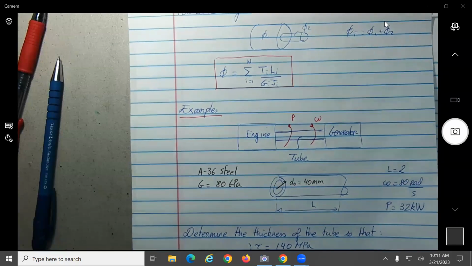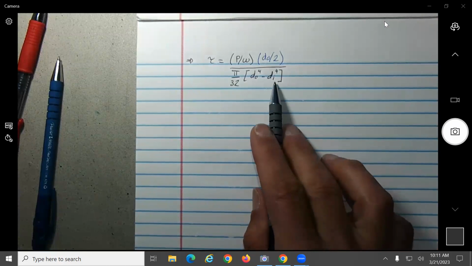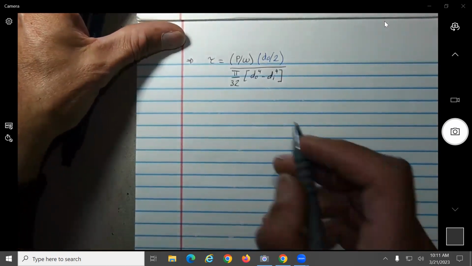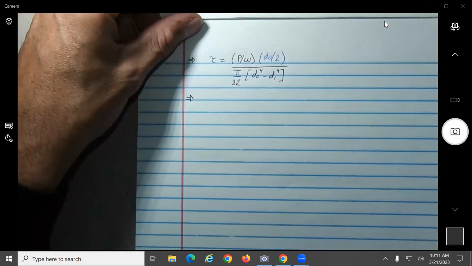Okay, so basically that will mean that now from this equation, we need to solve for the inside diameter. So let's see, this will give you what? Okay, let's do some basic algebra. I'm not going to go too fast.